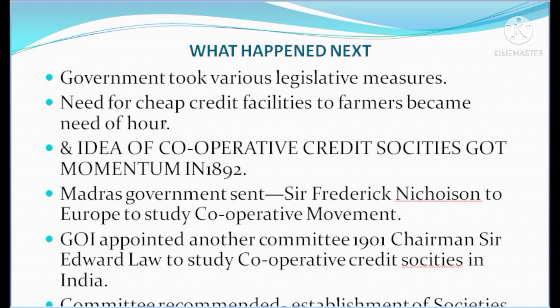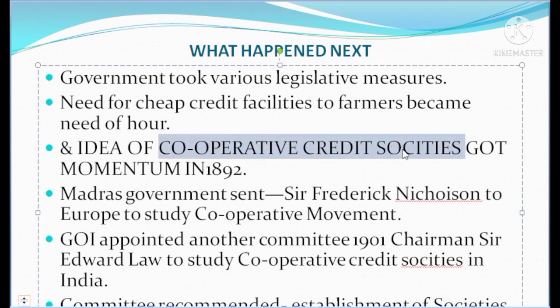This point should be noted here that cooperative societies in different sectors did not get momentum. Only cooperative credit societies got momentum. That means who will give credit to farmers on a cheap interest basis. They got momentum. What happened next?